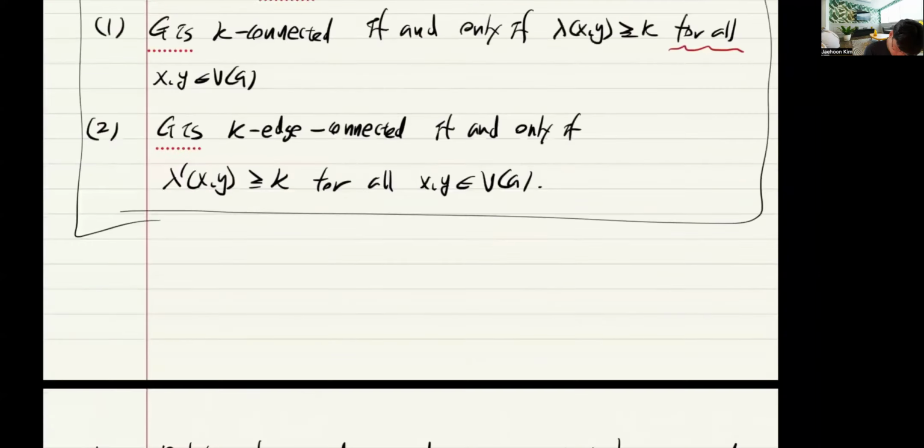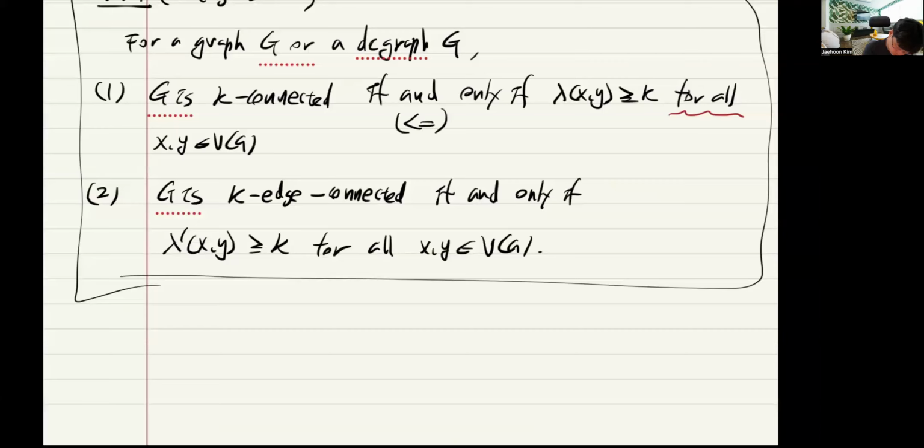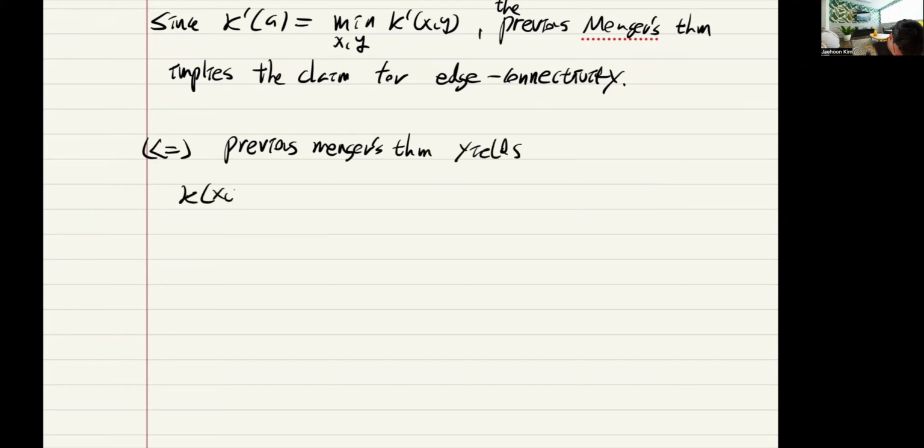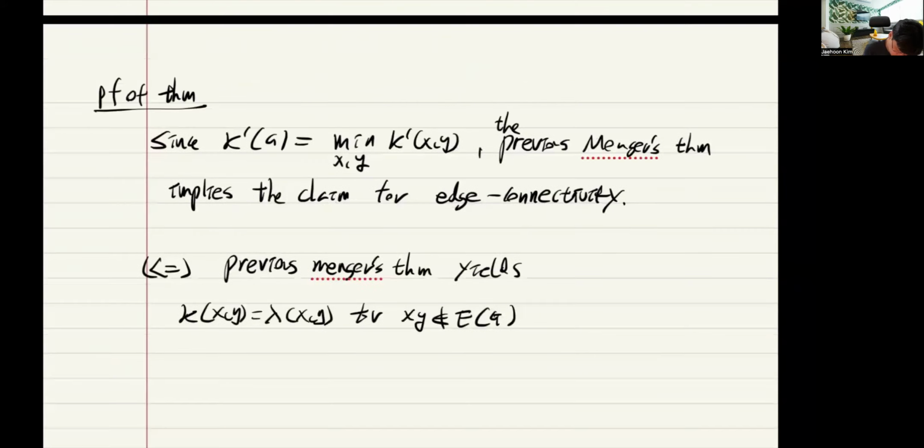First, let's show this one. If this is for all pairs, then what? The previous Menger theorem is that kappa xy equals lambda xy for xy not adjacent.